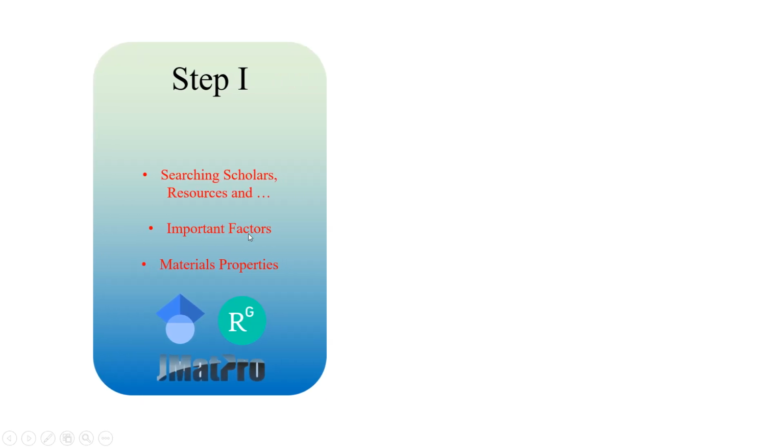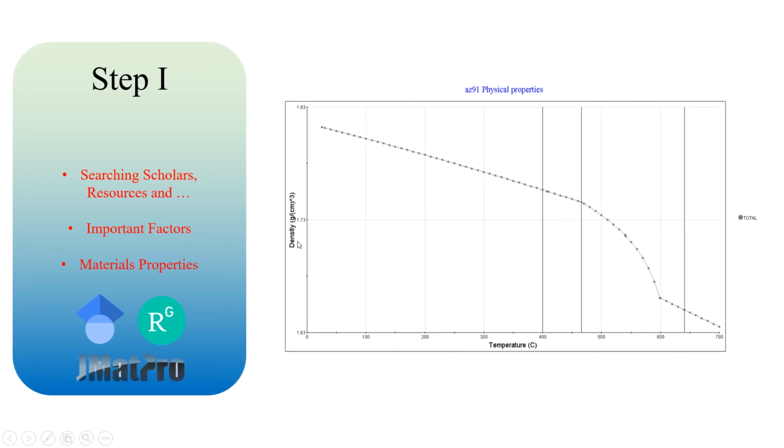And about JMatPro, I provide a picture from the software. You can see the density variation with temperature for the magnesium alloy AZ91. I talked about it in detail in the videos related to JMatPro software.